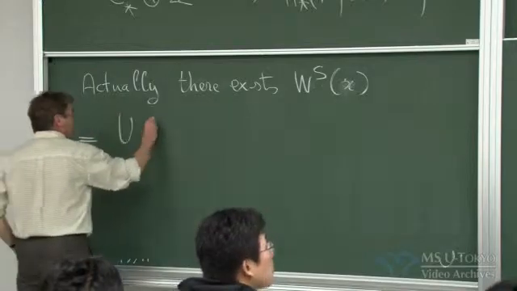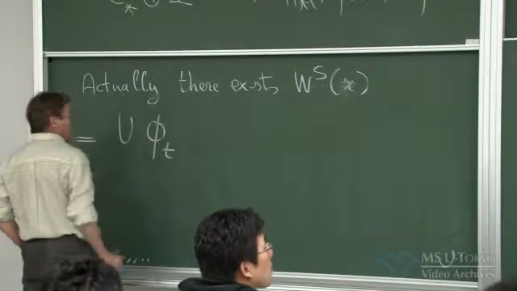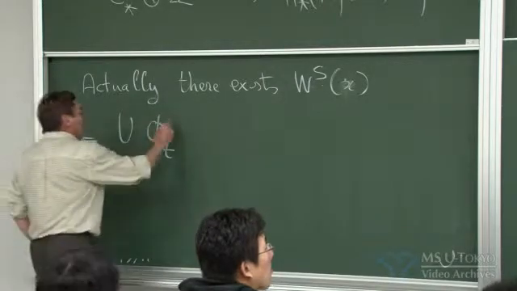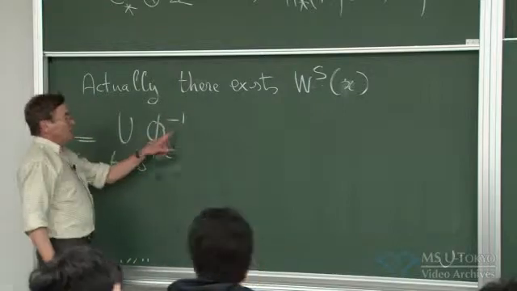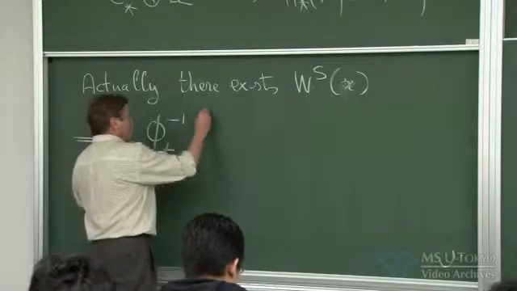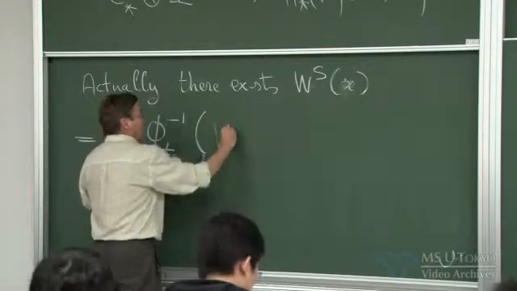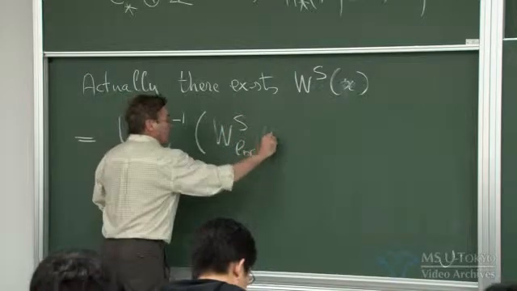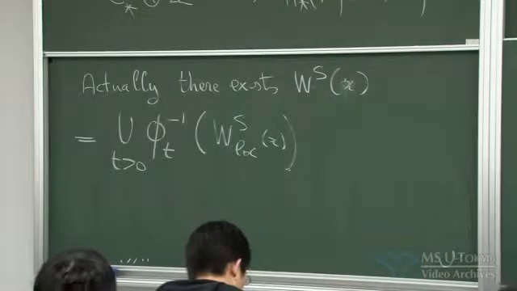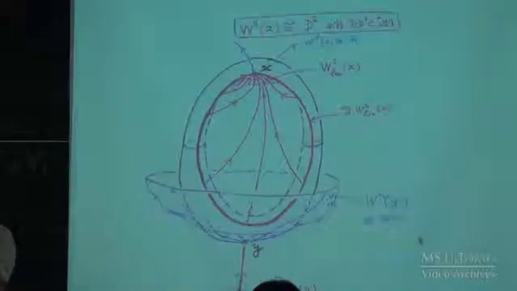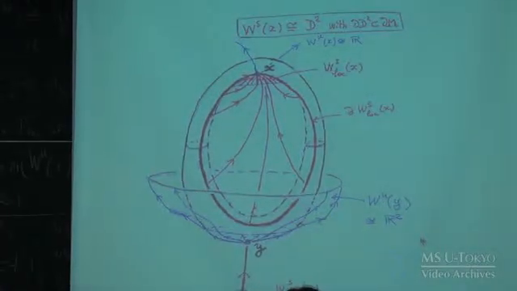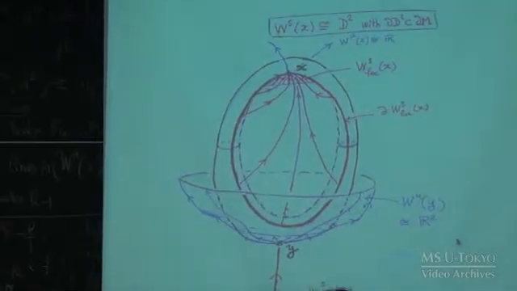That is the union over all positive time of the flow of the pre-image, not by F minus T, but the pre-image by phi t of WS loc of X. And that is a geometrical object associated to the generators of this complex. And I would like to show how it looks.